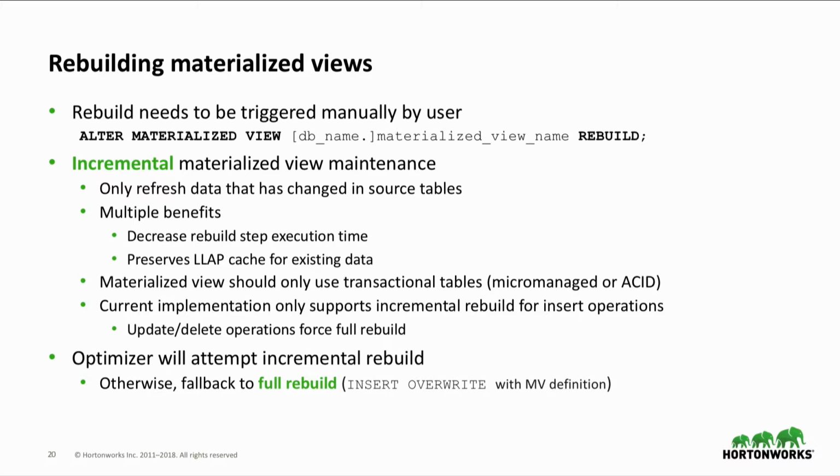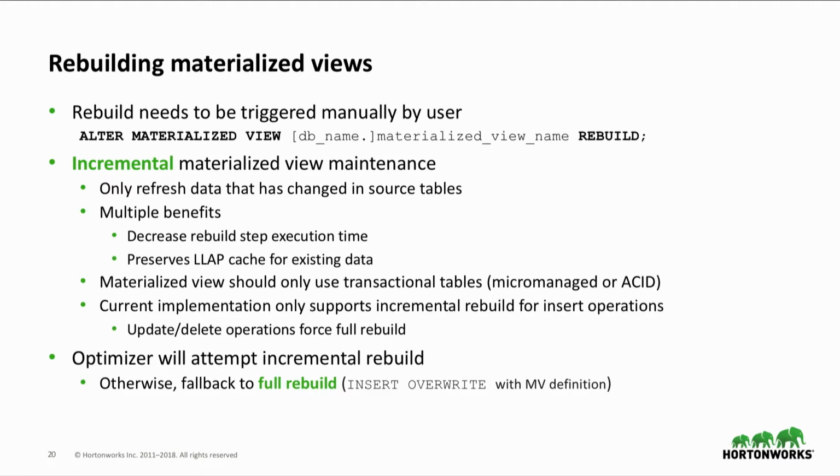Now, in order to run the incremental view maintenance, you should only use transactional tables, either micromanaged or ACID. This is important, because you basically need to be able to identify what has changed, and you cannot do this with all kinds of Hive tables. So you need to use either micromanaged or ACID for your source tables.